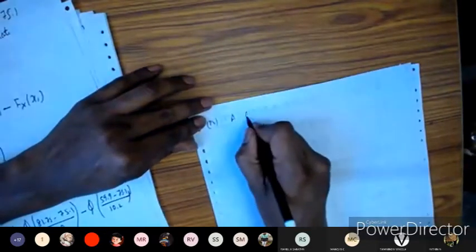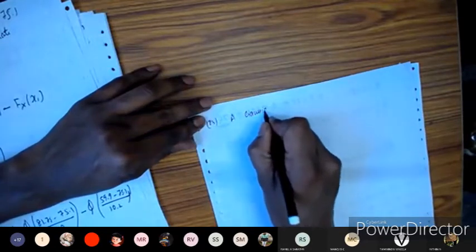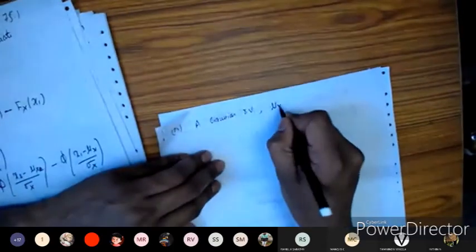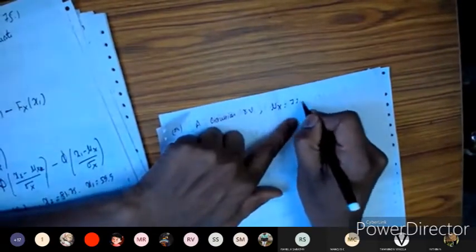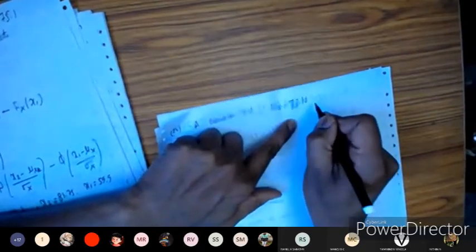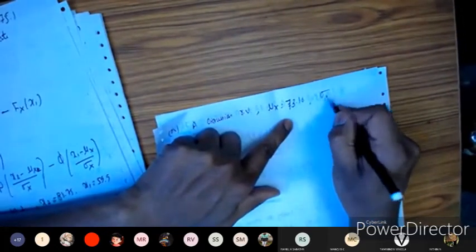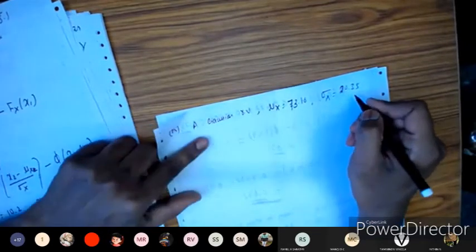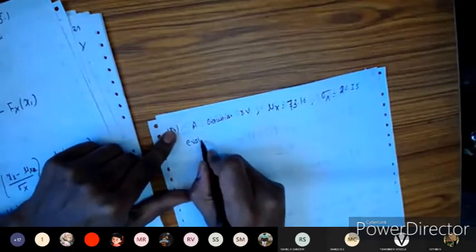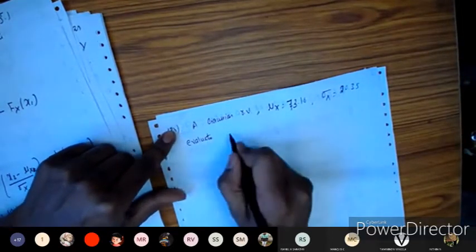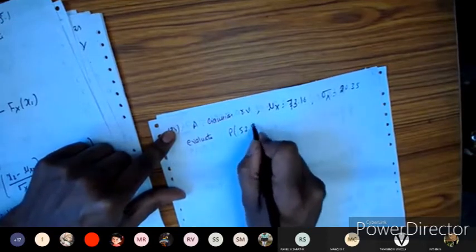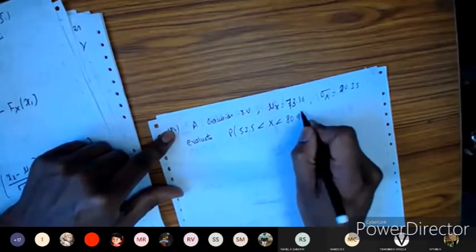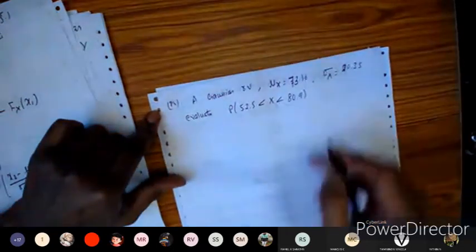A Gaussian random variable with the mean mu x equal to 73.16 and sigma x, the standard deviation, equal to 20.35. Evaluate the probability that 53.5 is less than x is less than 80.9.